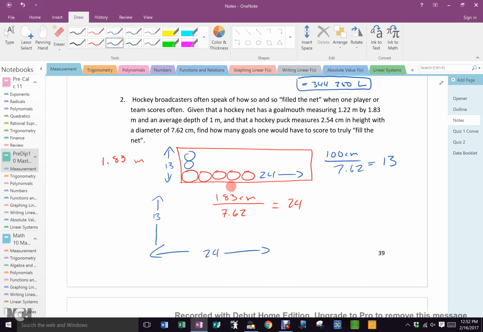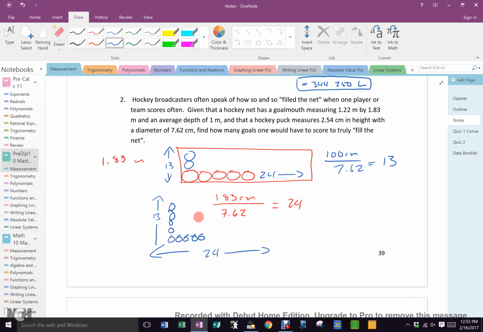Why do you say no? That's the line of pucks across here. There's 24 of them. And there's 13 pucks backwards. Well, that is the floor of the net, right? Because I go 13 backwards and 24 across. Understand? Okay.